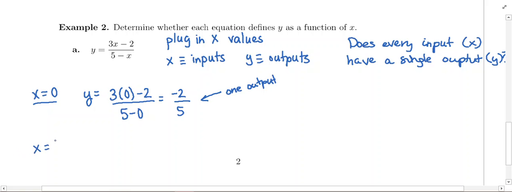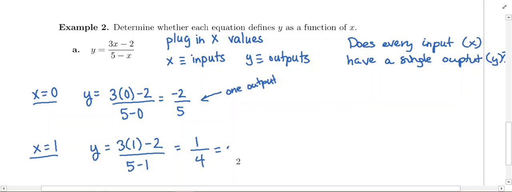Maybe 1. If I plug x equals 1 into the equation, we get y equals (3 times 1 minus 2) over (5 minus 1). In the numerator, 3 minus 2 is 1. In the bottom, 5 minus 1 is 4. So an input of 1 gives us an output of 1/4, or 0.25.